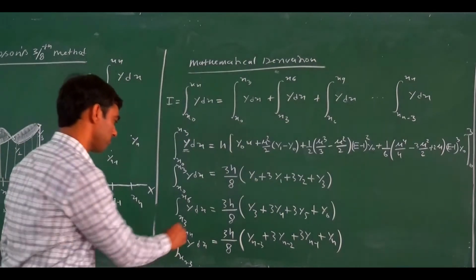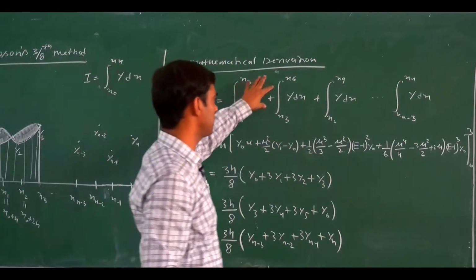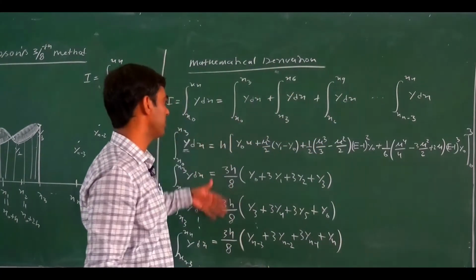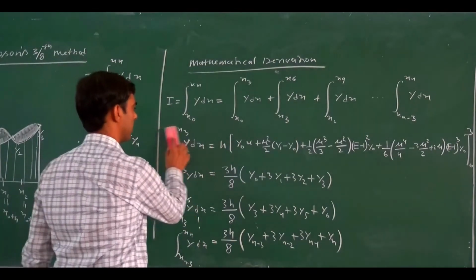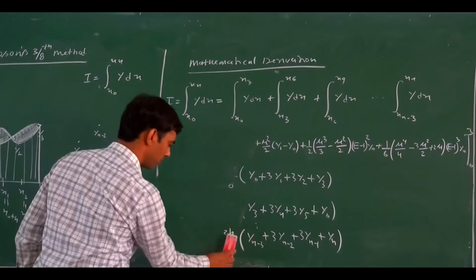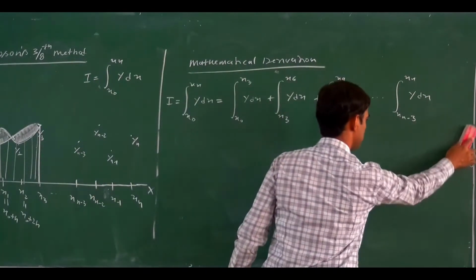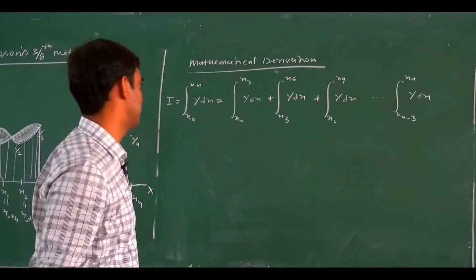So in this way we find the value of the integration of this part, and this part. Now putting all the values here and simplifying, we get the required formula for Simpson 3/8. So we just put these values and simplify, then we get the required result.